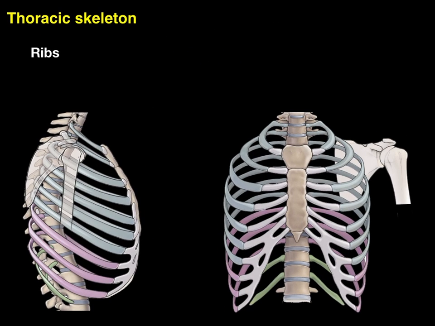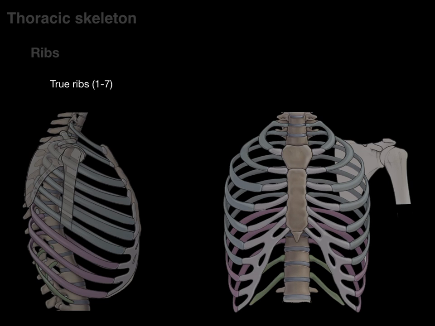Now, the thoracic skeleton is basically comprised of 12 pairs of ribs, which articulate posteriorly with the 12 thoracic vertebrae and anteriorly with the sternum. And these true ribs, the first 7, are ribs 1, 2, 3, 4, 5, 6, and 7. They're called true ribs because each of the bony part of the rib and its associated costal cartilage pair up individually and articulate with the sternum.